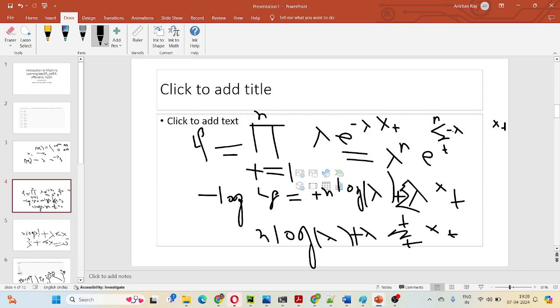This one was negative actually, so this will be negative, and again this will be negative.